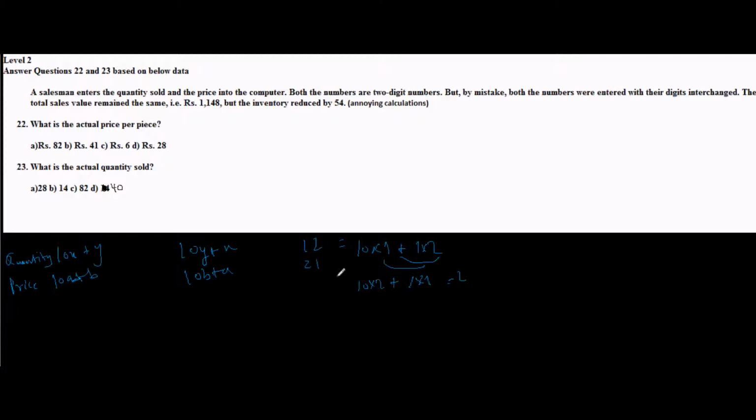So if the digits get interchanged, what is multiplied with 10 and what is multiplied with 1 also gets changed. That's why 10x plus y and 10y plus x, 10a plus b and 10b plus a.